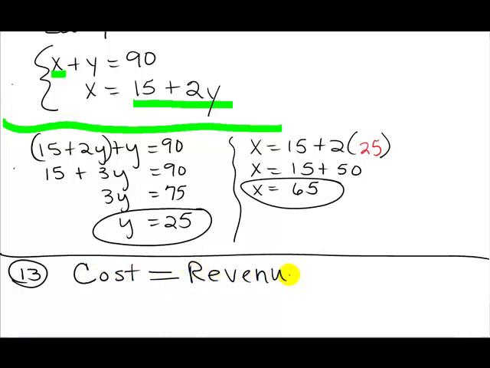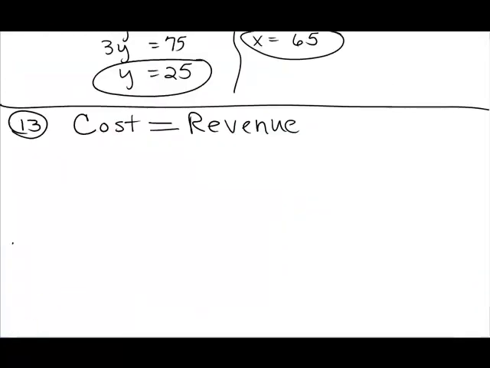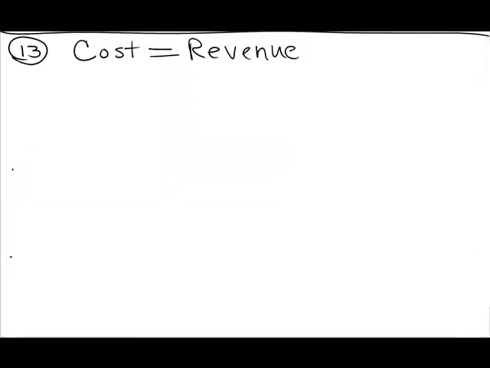This is what you have to figure out if you have a business, to see what you have to sell just to break even. So even before you can make a profit, this is what we've got to know. So we've got this written as C of x and R of x, and we're just going to set them equal to each other.